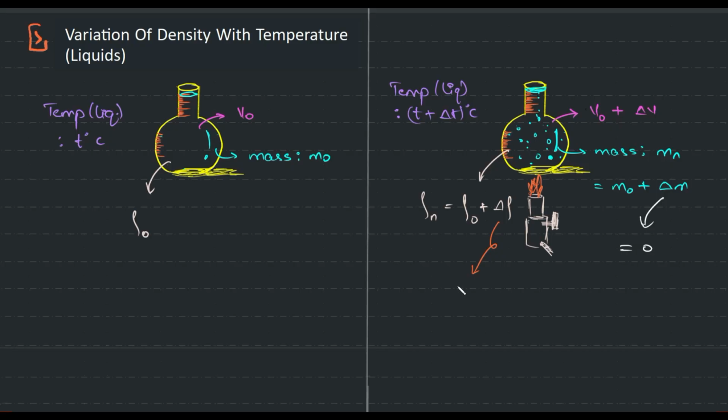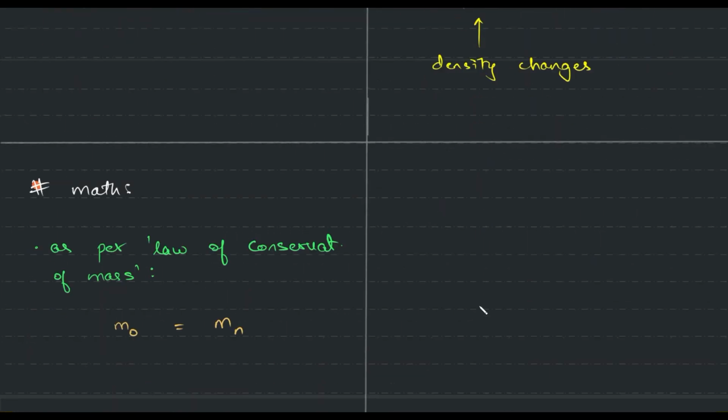Okay, let me ask you guys this way. Next option is, will it be a 0 or a non-zero? This value will be, yes, a non-zero value. What does it imply? This implies that density changes. Okay, yes. Good job. So let's move on.